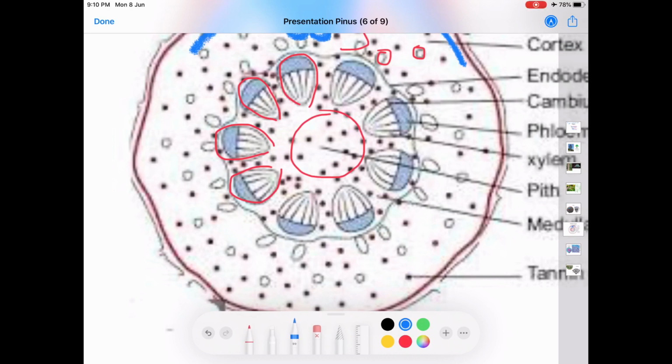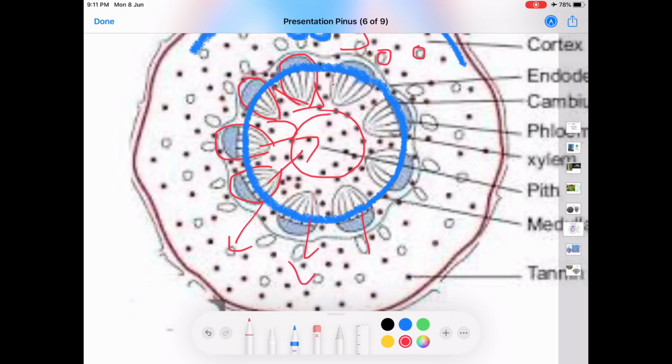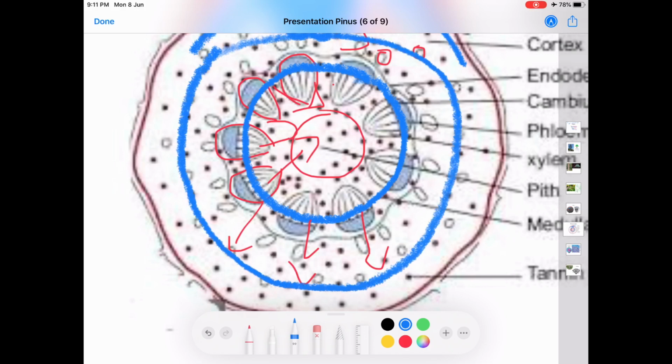That is, it produces a secondary cambium, and this secondary cambium will be cutting the xylem towards the center and phloem towards the periphery. At the same time, a cork cambium is developed in the cortex, and it will be cutting secondary cortex towards the center.